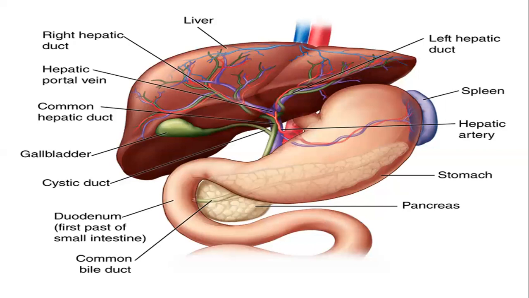So there are actually two distinct sources that supply blood to the liver. I want to direct your attention to these vessels here going into the liver. These blood vessels are the sources of the blood supply of the liver.